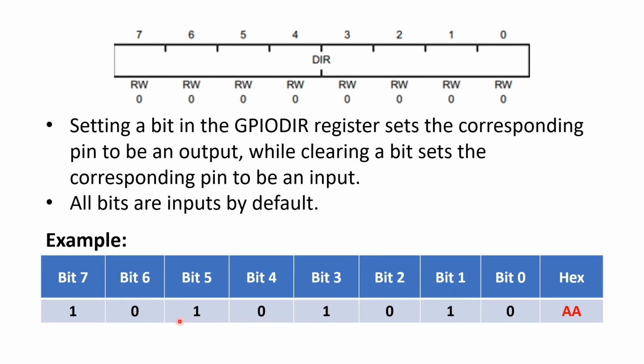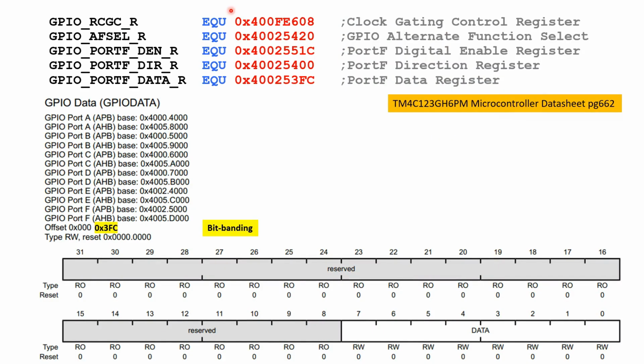So let's take a look at an example here. What that means is bit 7, bit 5, bit 3, and bit 1 are now outputs. And in this setup, the hex value will be AA. The next register is the data register. Now the base is 4002 5000.